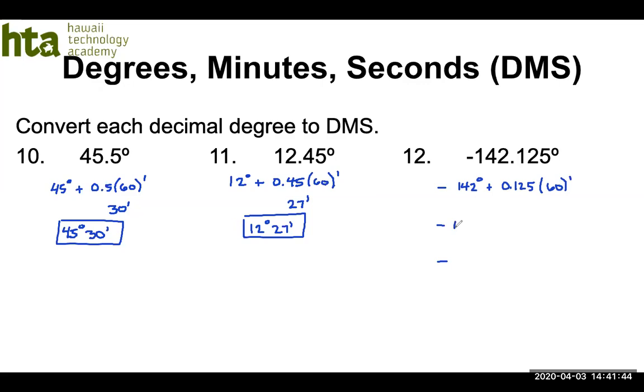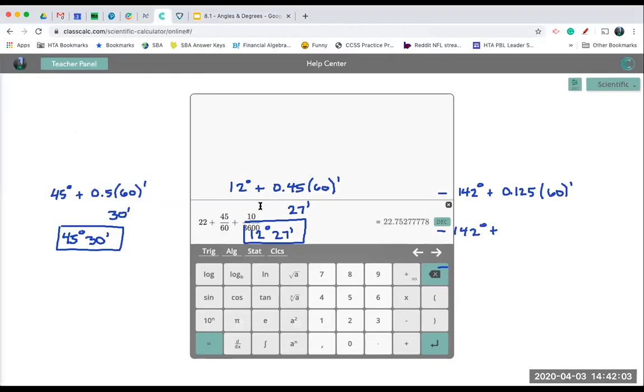And when I punch that into class calc, 0.125 times 60, I get 7.5, not a nice clean number. So I'm going to convert this to 7.5 minutes. Now that is not our final minute because it didn't come out to a nice clean number.